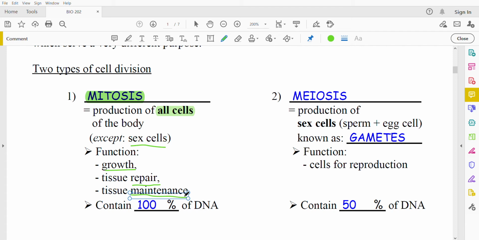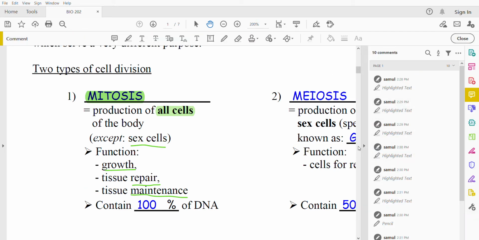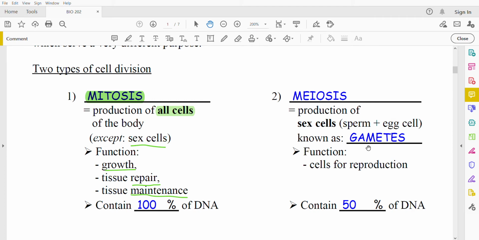While we lose those cells, we need to replace them as needed. So mitotic cell division also serves tissue maintenance, repairing those cells that we lose during the normal life cycle.